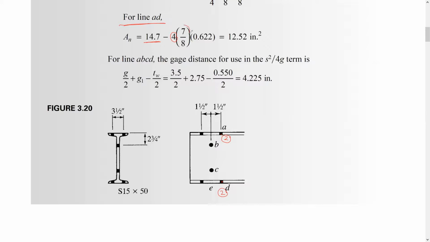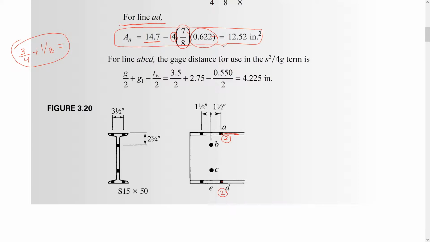And 7/8, because we have 3/4 for the bolts plus 1/8 for the hole, so the hole diameter is 7/8, times the flange thickness from the manual, 0.622. And the net area for this path is equal to 12.52.